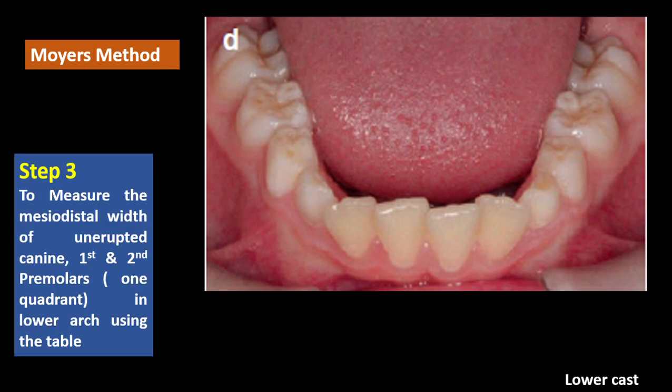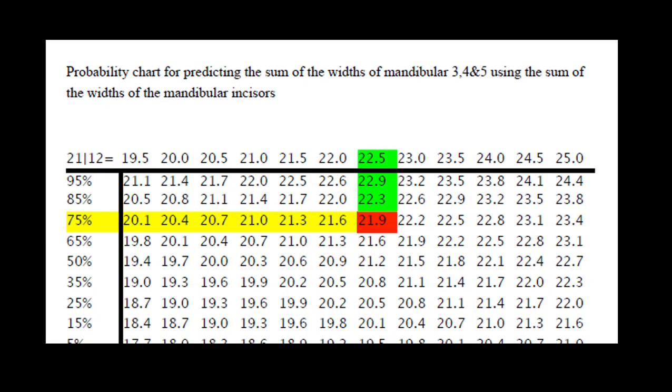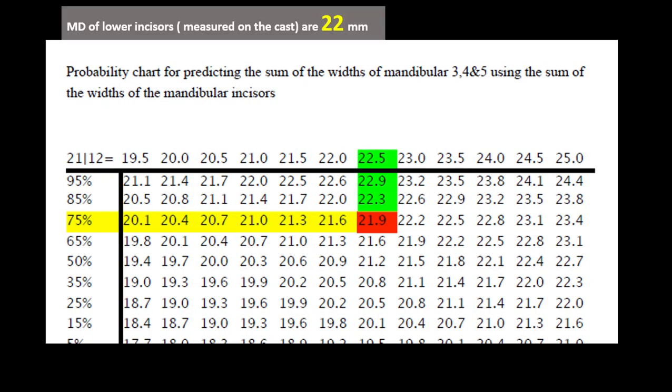In Moyer's method, step 3, to measure the mesiodistal width of the unerupted canine, first and second premolar in the lower arch, we have a table. For our example, the mesiodistal width of the lower incisors was 22.